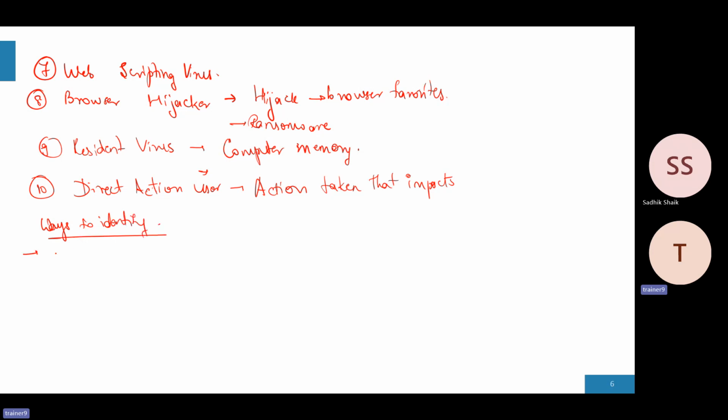First, you start seeing some kind of pop-ups, automatic ads or websites coming in, like the adwares. Then you keep seeing that your home page is getting changed automatically.